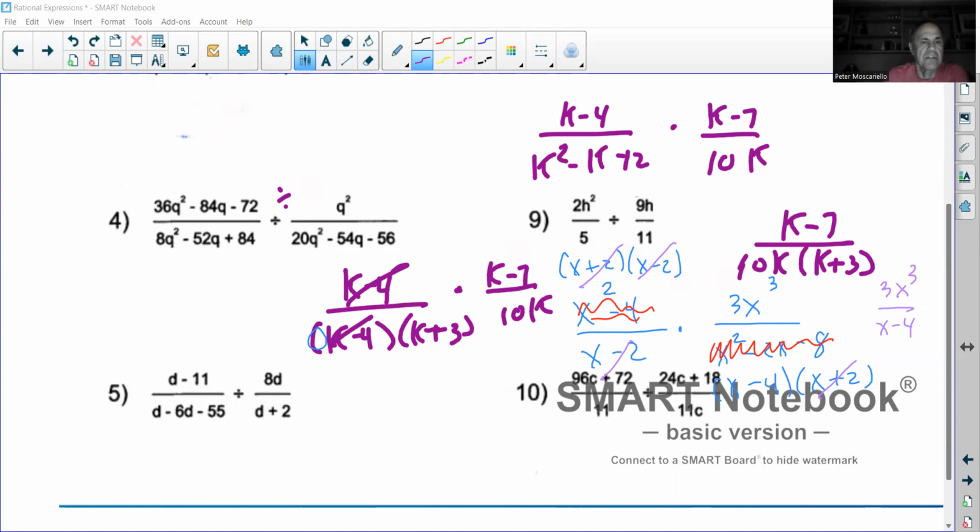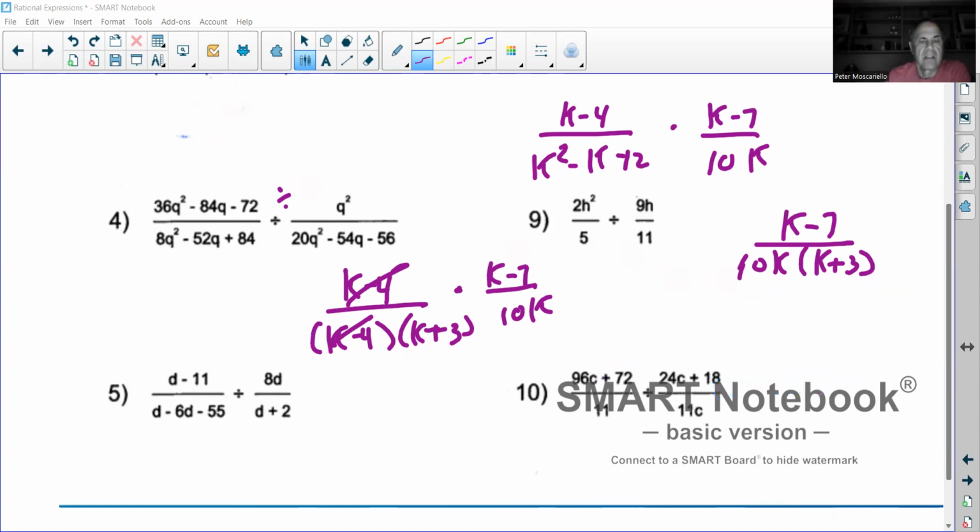Let me go back to some other skills. Multiplying level 2. Okay. Get that out of the way. So how do we multiply? We factor and then we cancel. Okay, I lost my drawer here.